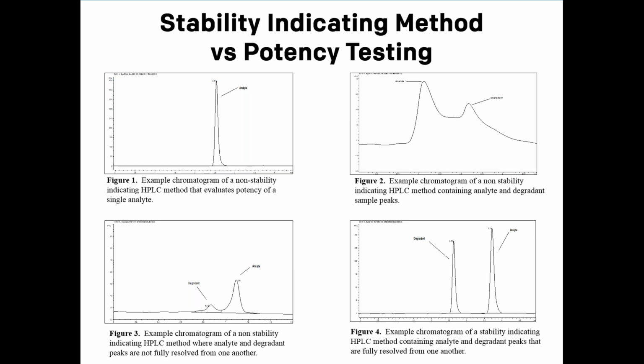So really an optimal chromatogram or optimal stability indicating method would be demonstrated in figure 4, where you're able to see the analyte on the right side, you're able to see the degradant, there are no interferences, you can accurately quantitate the area under the curve, and you're able to demonstrate that there are no issues of interference.